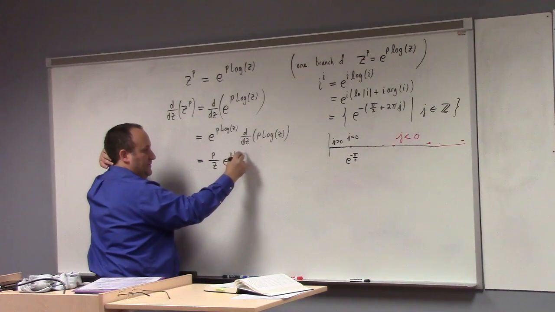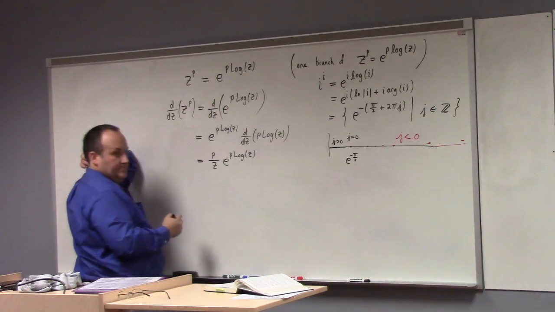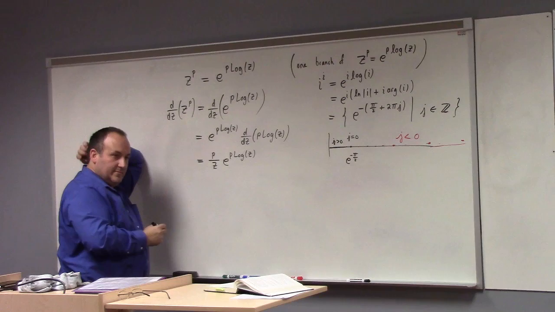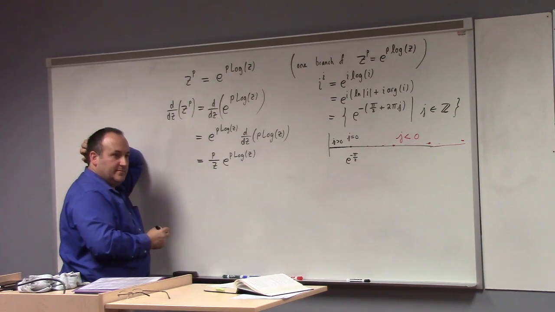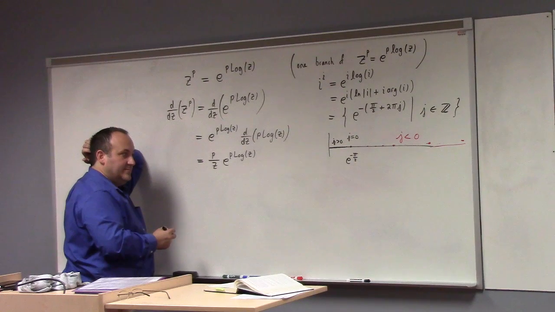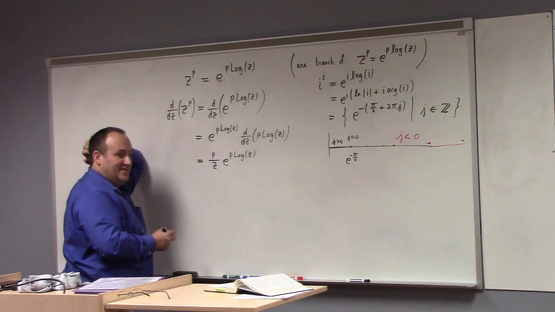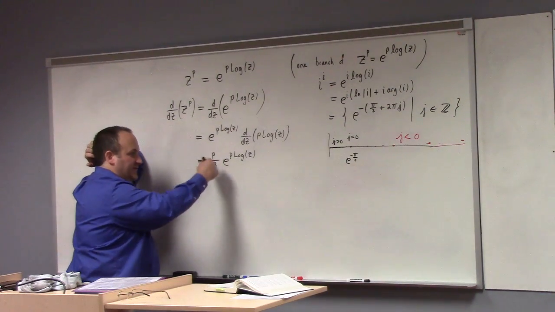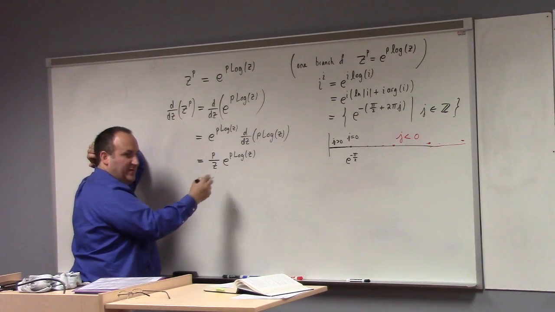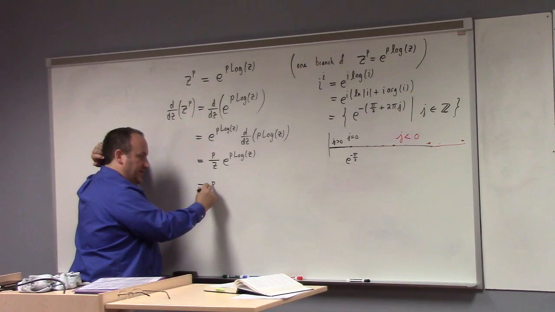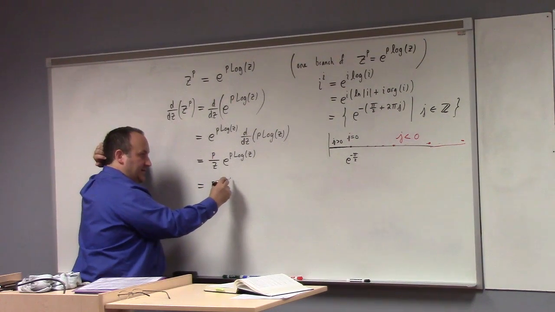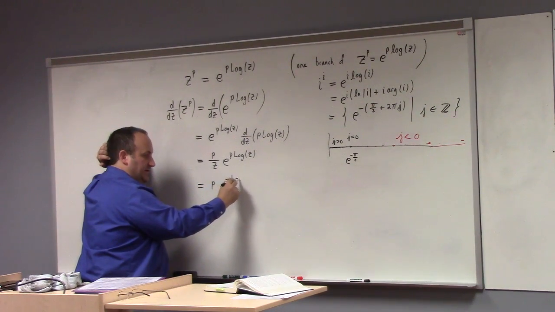And then what can I do? e to the p log z is z to the p. Well, that is true, but that will be counterproductive to our larger goal at the moment. I need to convert this to an x. I'm going to do the same trick I just did over in the other calculation, which is that is e to the minus log z, right?